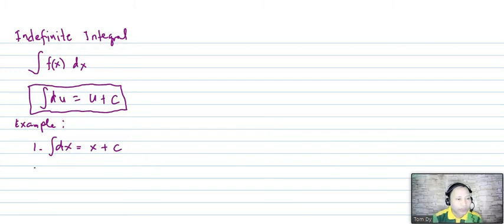If we say constant, that is any number. Another example, we have here the integral of dy, which is equivalent to y plus c. And also, let's say number 3, the integral of dz is equivalent to z plus c.